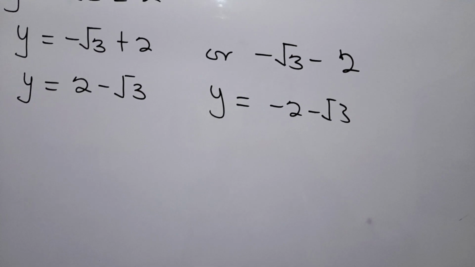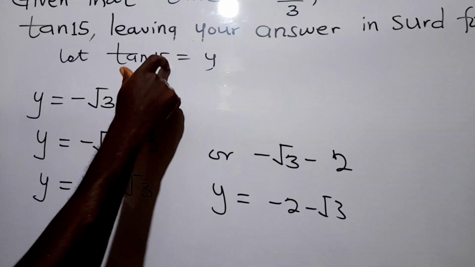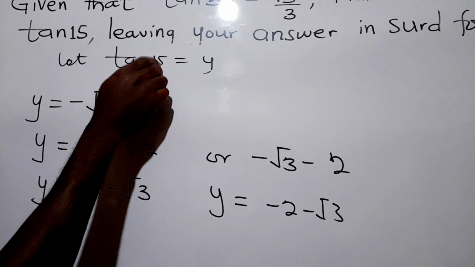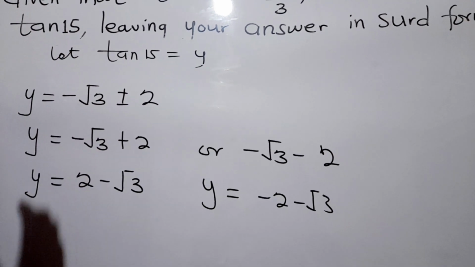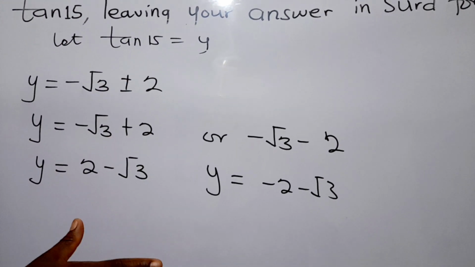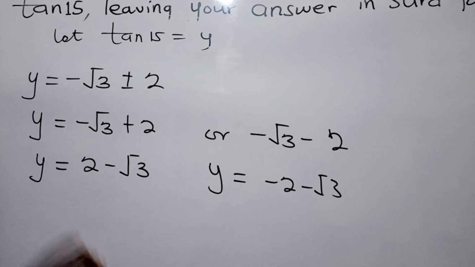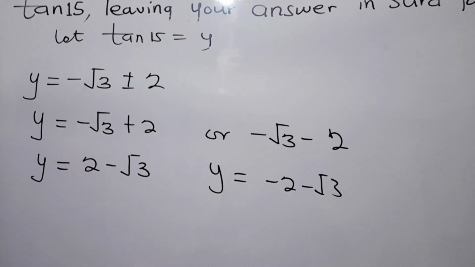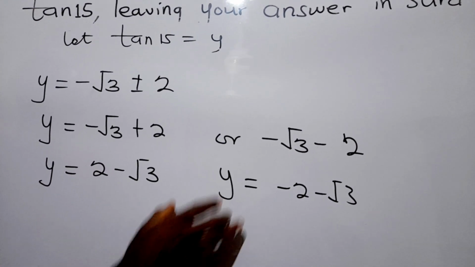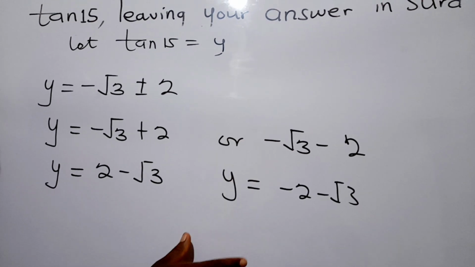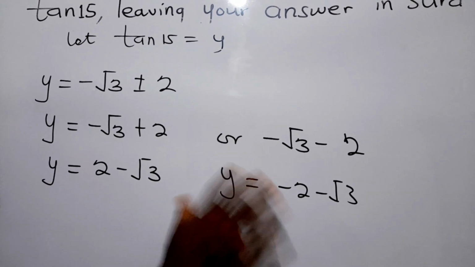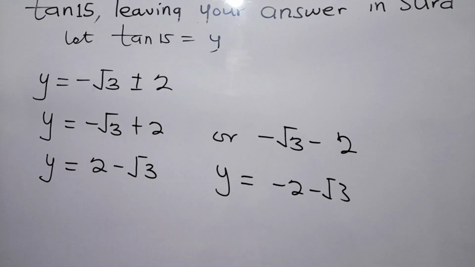Now let's analyze this. Since tan 15 is an acute angle, it's found in the first quadrant. In the first quadrant, all the trig ratios are positive. So we only make use of the positive value of y and not the negative.